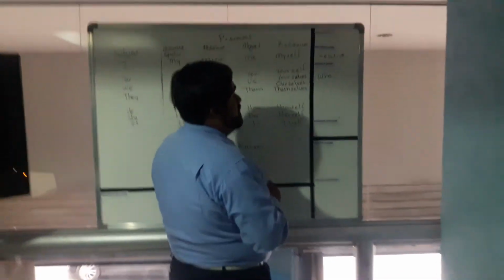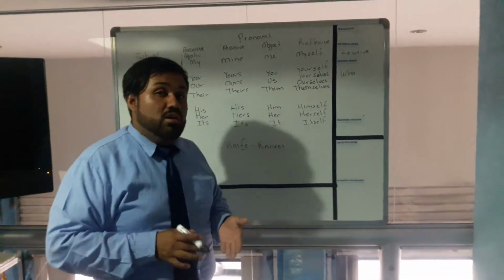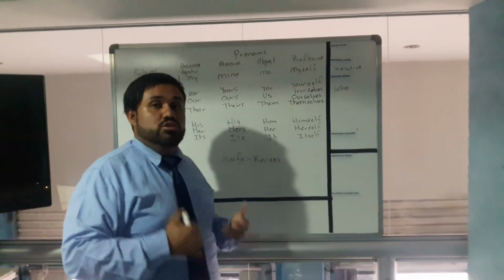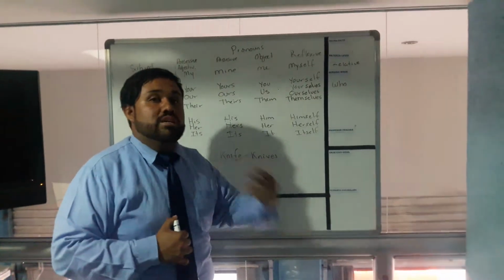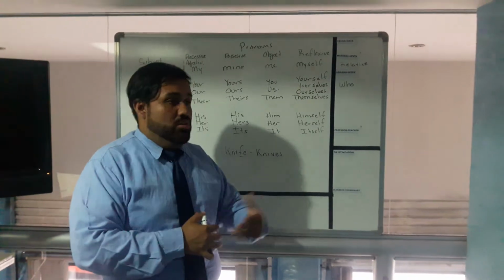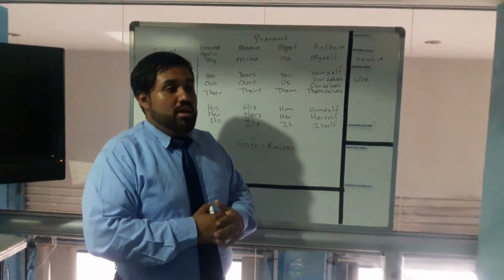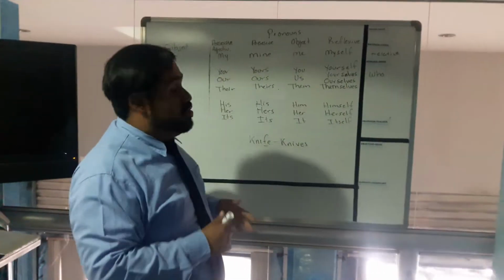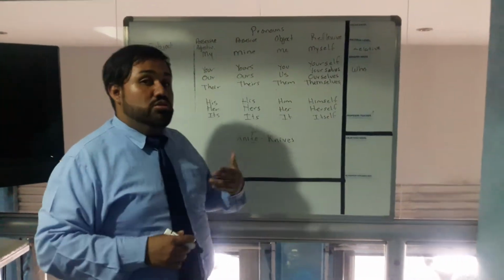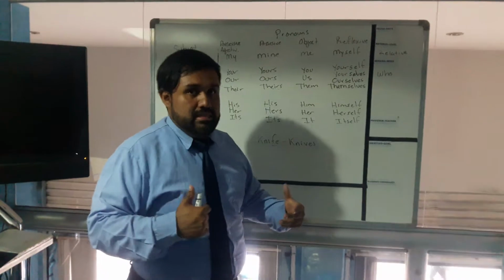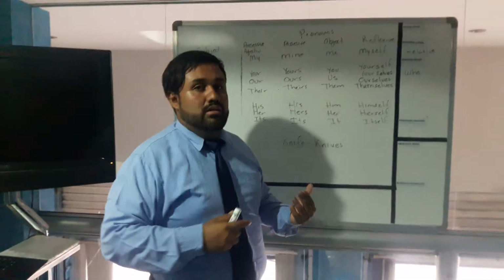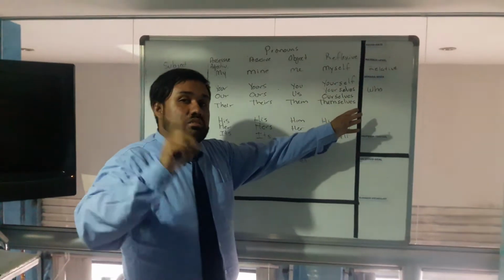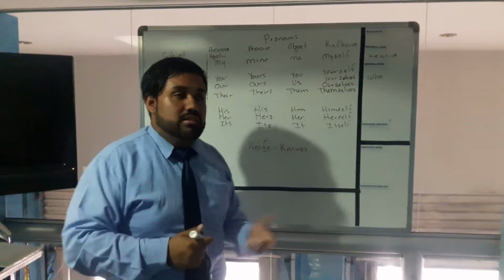When you use relative pronouns, remember, one way is the WH words. You use WH words when you make questions. What is your name? Where do you live? When is your lunch? What time do you wake up? Those are WH words. But when you use them to join sentences, like the previous one, they are not called WH words, they are relative pronouns.